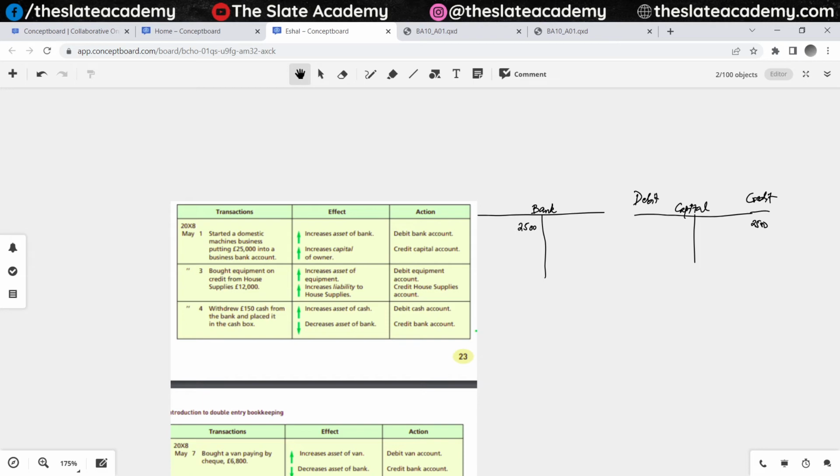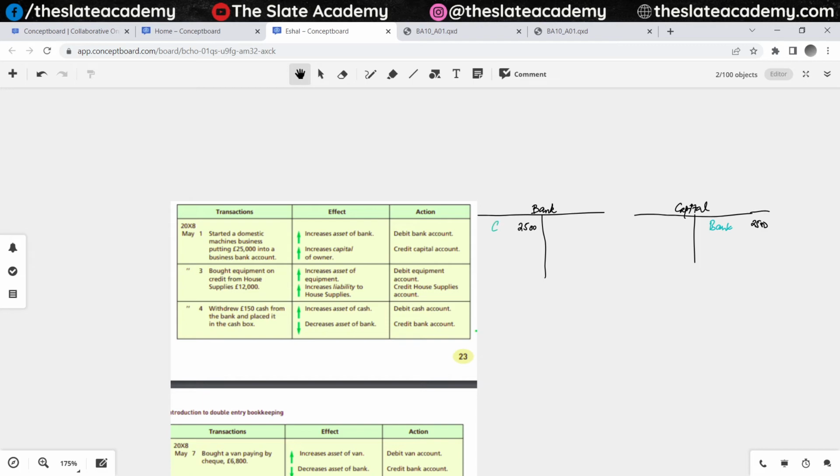Now that we have noted the amounts, we'll write the name of the accounts as well. Capital account was credited because which account was debited? So in capital, I will write bank, and in bank account, this account was debited because which account was credited? Capital.